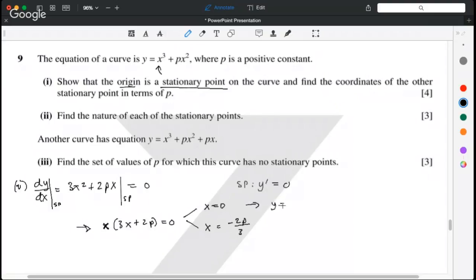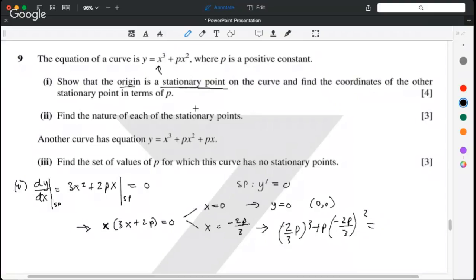So for this one, y is also equal to 0. Well, that's just the origin. And the y coordinate of this, well, it's going to be minus 2 over 3p cubed plus p times minus 2p over 3 squared. And you can solve for that.